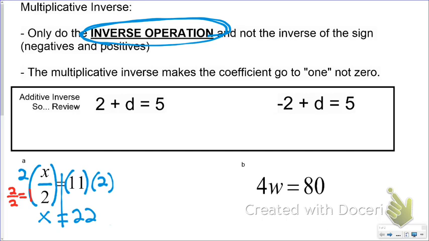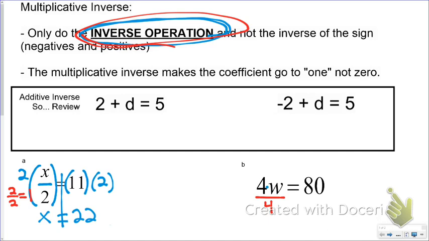So we've got w. It's not being added or subtracted. This time it's actually being multiplied. So what's the inverse operation? What's the inverse operation of multiplication? The answer is division. So what I'm going to do is I'm going to divide. What am I going to divide by? The same number that's being multiplied by w.